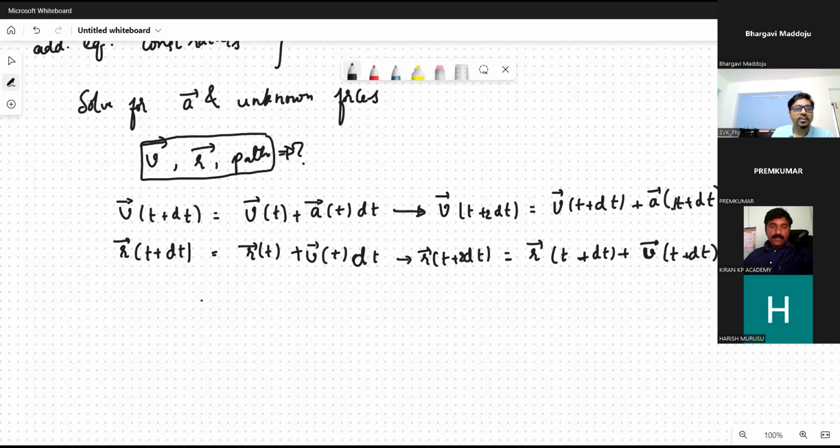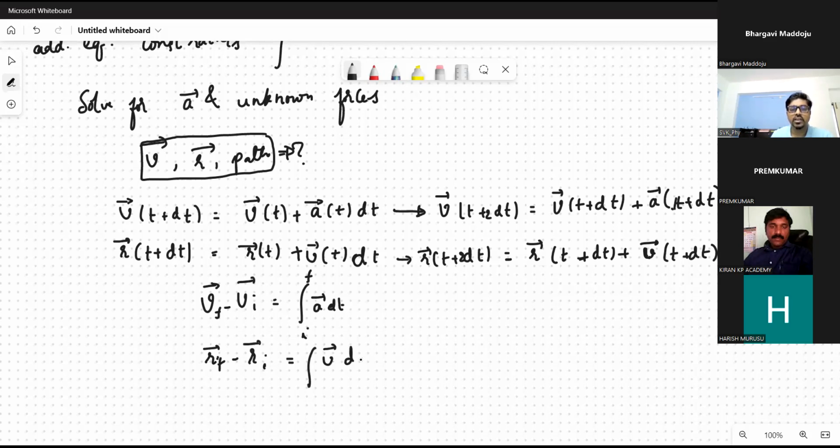In a finite form, v final minus v initial equals integral a bar dt from initial to final, or otherwise r final minus r initial is equal to integral v bar dt, from initial to final. These are all definite integrations. Remember, in physics, most of the times we get definite integrations. So this is all general procedure.